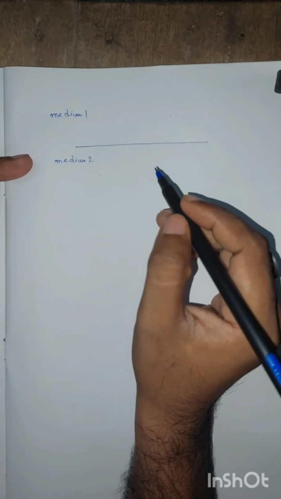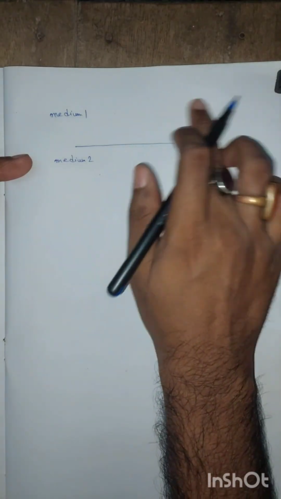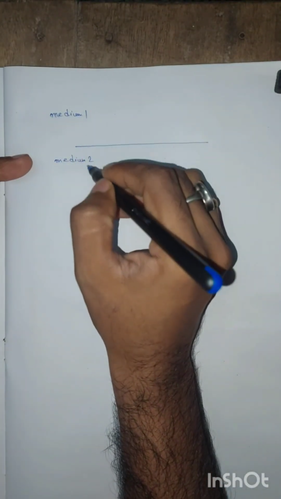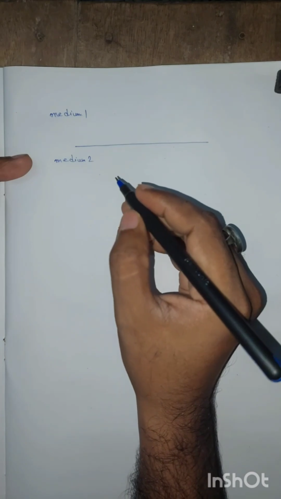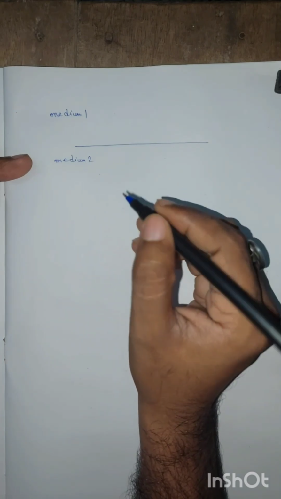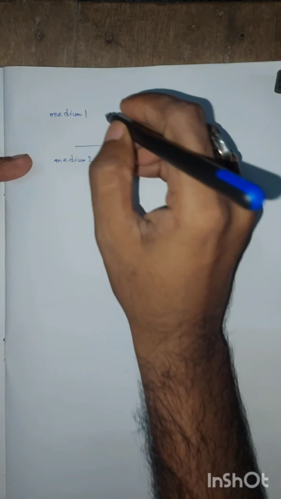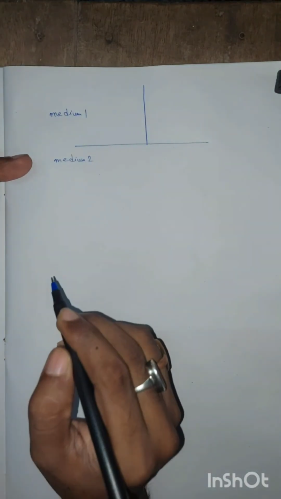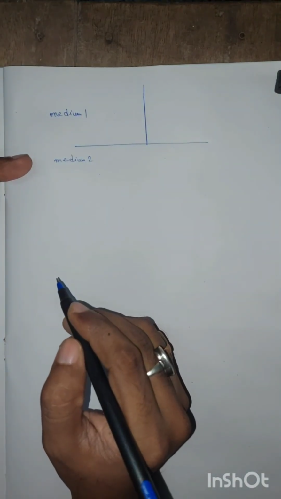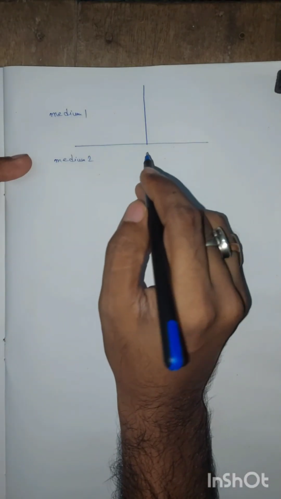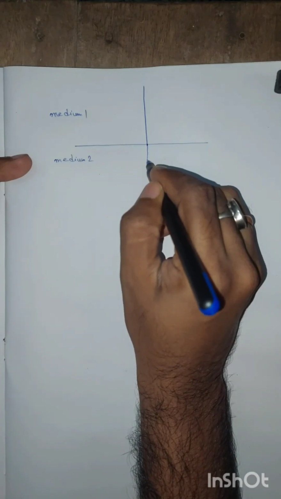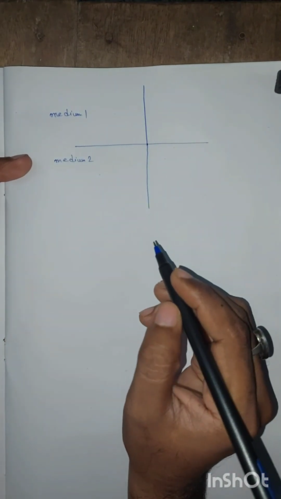If the light ray strikes the boundary between these two media normally, then without any deviation the light ray will enter the second medium.